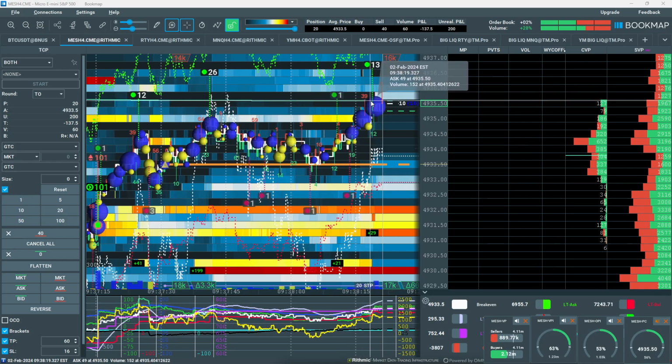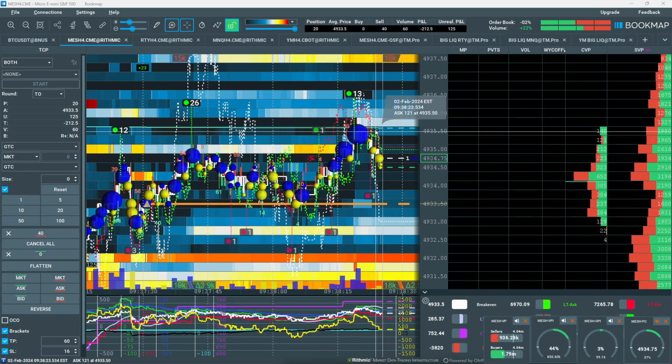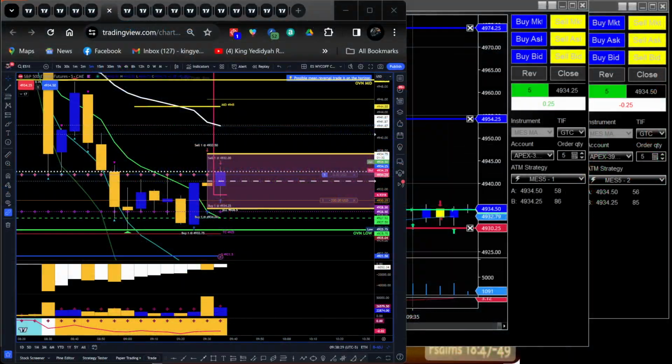Right, so we're pushing above. We're just at VWAP right now. We're still getting some rejection off of this VWAP on Bookmap here. But on TradingView, my VWAP is all the way up here at 49.33. So keeping an eye on that.